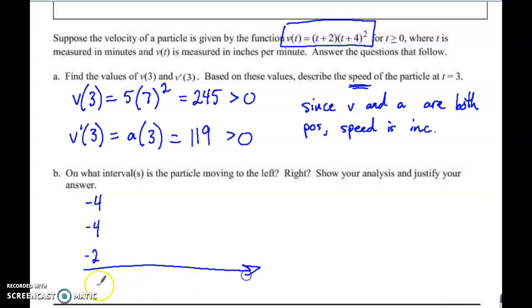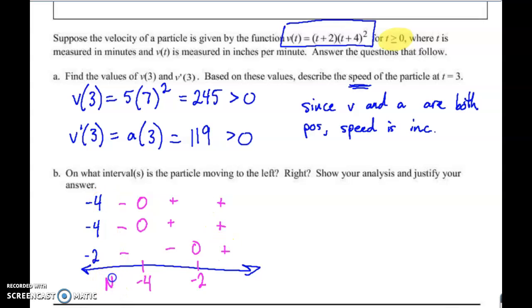But what's awful about this problem, I really don't like this, is that for values of t we only care about values bigger than 0. So this is a very, very poorly written problem. But if you were to do this, you would put -4 and -2. And you may remember this from last year or earlier in the year.